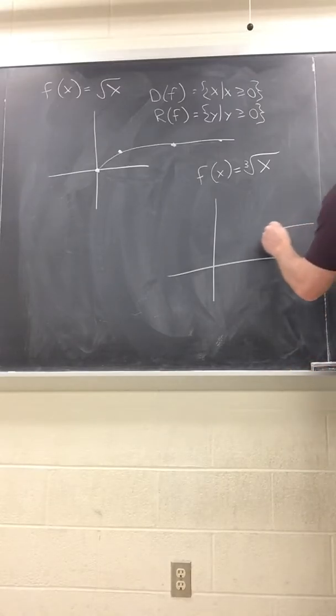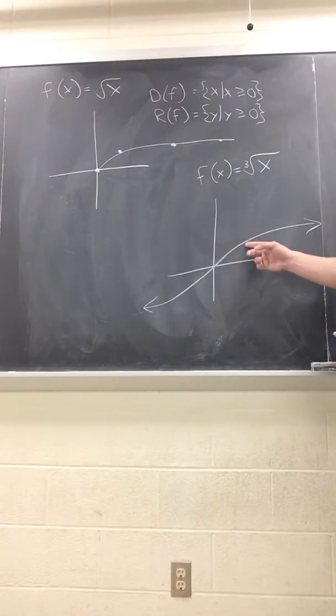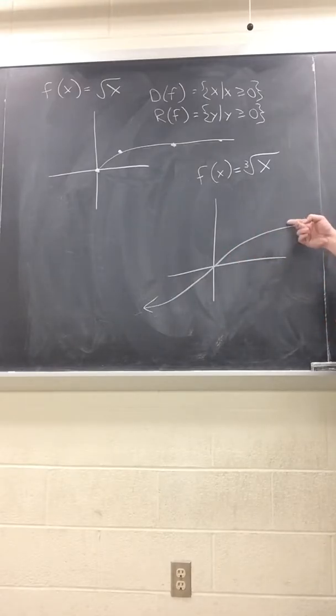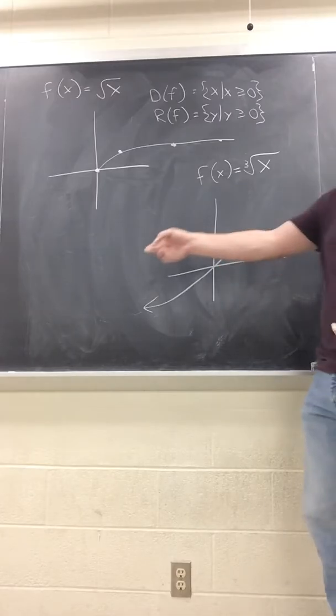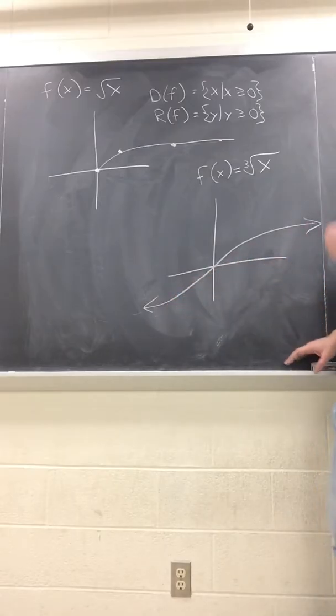And as it turns out, that's exactly what it looks like. The cube roots of positive numbers like 1 and 8 are positive, 1 and 2 respectively. The cube roots of negatives like negative 1 and negative 8 are negative. And we get that graph right there. Again, the elongated s, the cube graph, turned on its side.